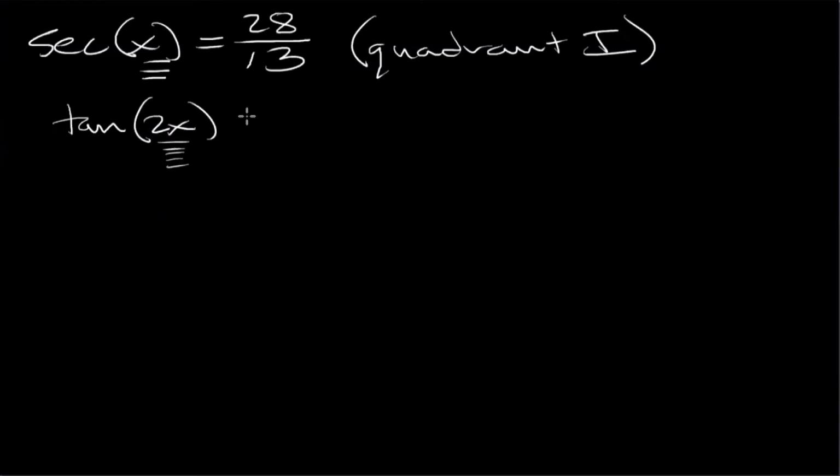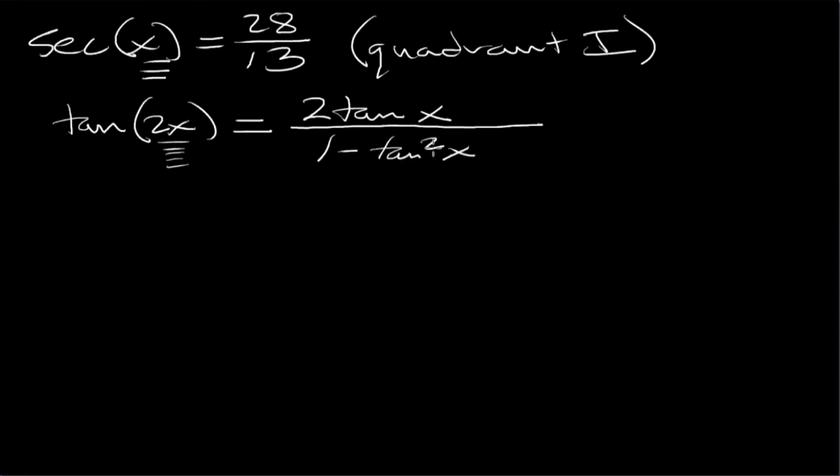So we need to rewrite tangent of 2x using some other expression. And so do you guys have the identity for tangent of 2x there? And that sounds exactly right. So there's the identity that tells us what tangent of 2x is.